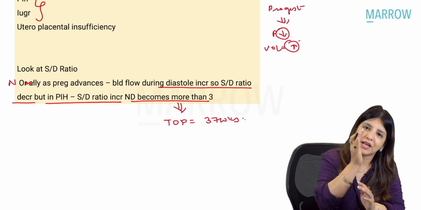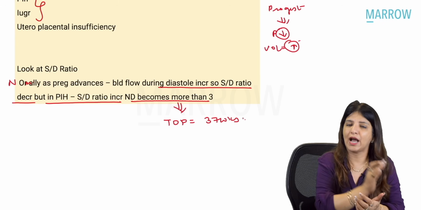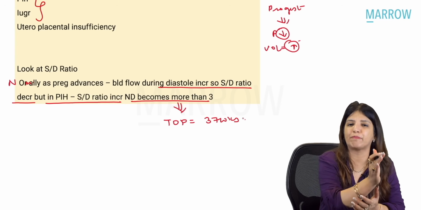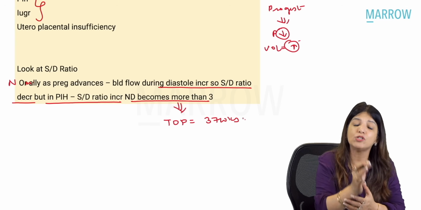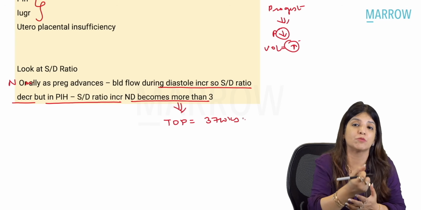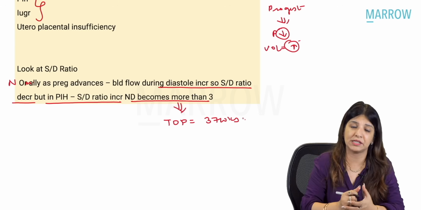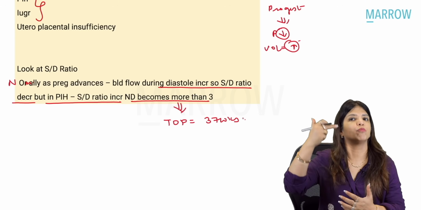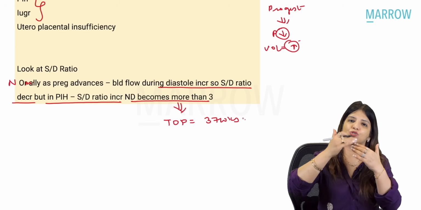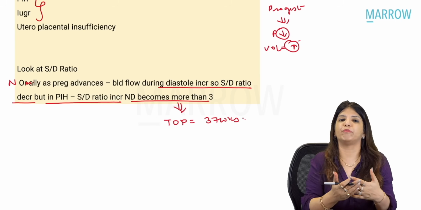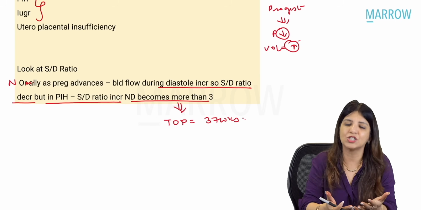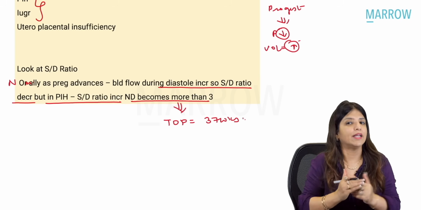It is during diastole that it is a passive phenomenon, and because during diastole it's a passive phenomenon, it depends on how much resistance is being offered by the blood vessel. If the blood vessel will offer more resistance, blood flow during diastole will decrease. If the blood vessel will offer less resistance, blood flow during diastole will increase.